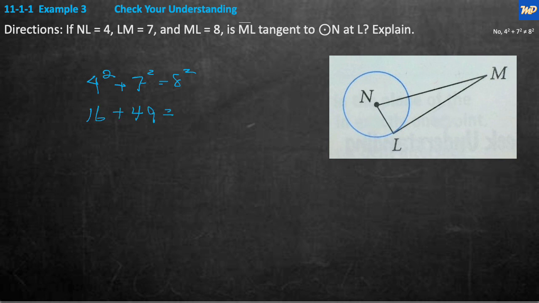Is that equal to 64? Well, 16 and 49 comes out to, looks like 65. So the answer is going to be no, it's not equal. And that's why we explain it, because this does not form a right triangle. The angles are different. It's kind of that simple.